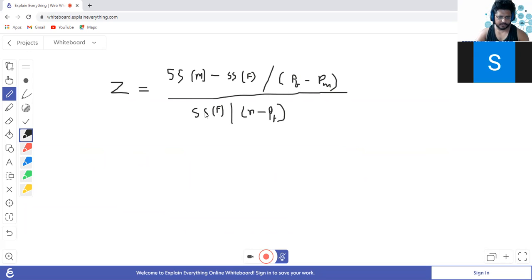Okay. So this is a new parameter called Z.